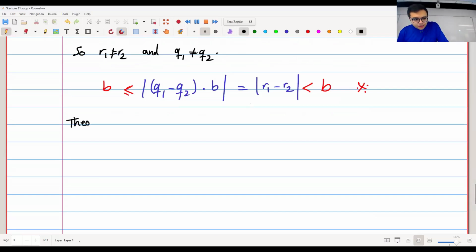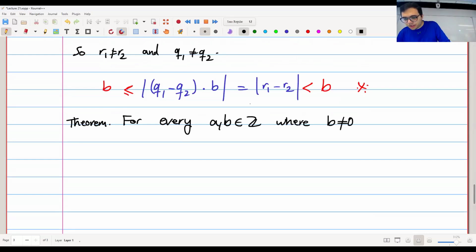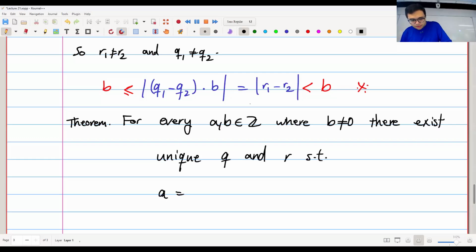So in general, I can say something like this. I can say for every two numbers, A and B, where B is not 0, there exist unique numbers Q and R such that A is B times Q plus R, and R is between 0 and the absolute value of B. Okay.